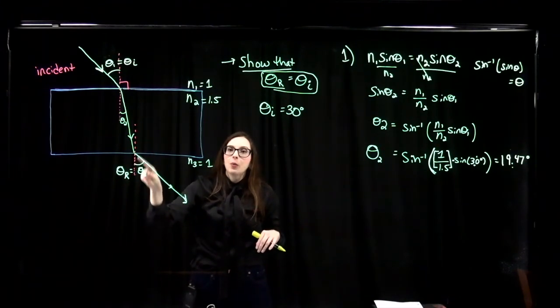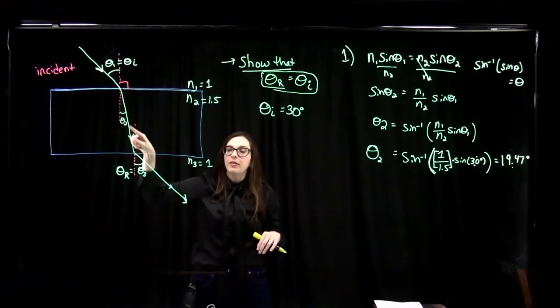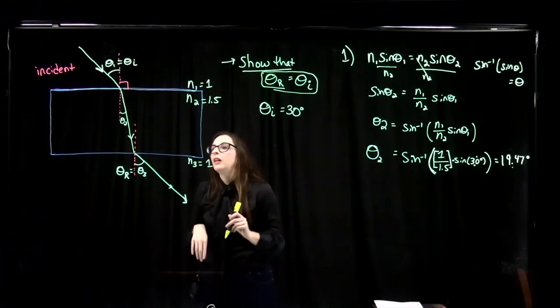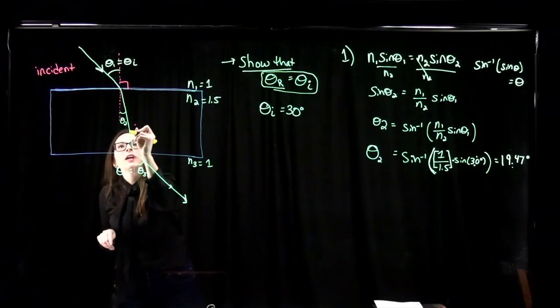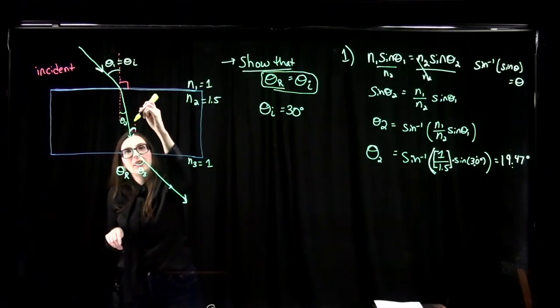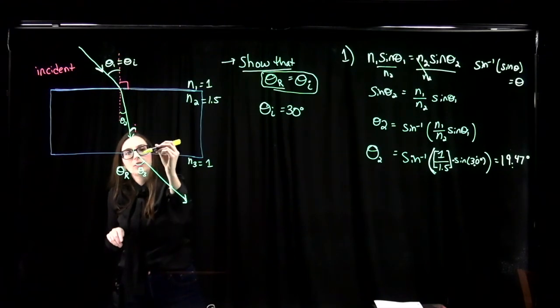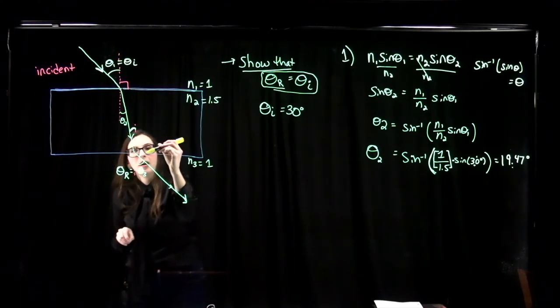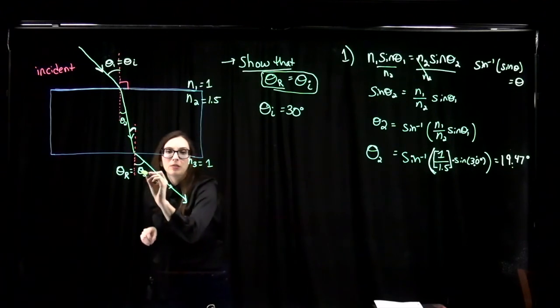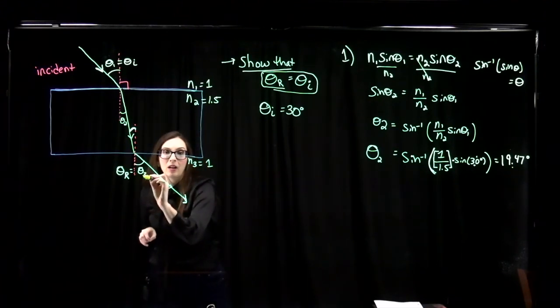Here we know what this angle theta 2 is. We just calculated it. We've got to figure out what this angle right here is, because it is going to be the incident angle for this interface, for us to use Snell's law a second time to get this refracted angle here.